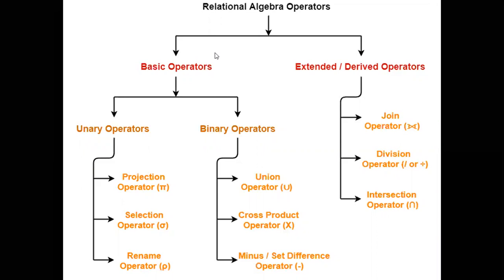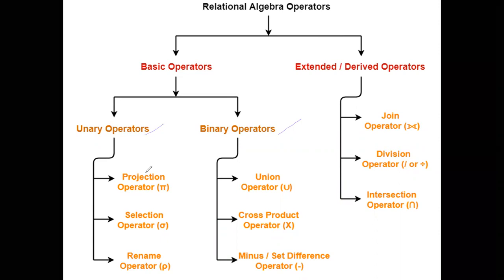In the basic operators, again we have two categories: unary operators and binary operators. Unary operators are the operators which we can apply on a single relation.